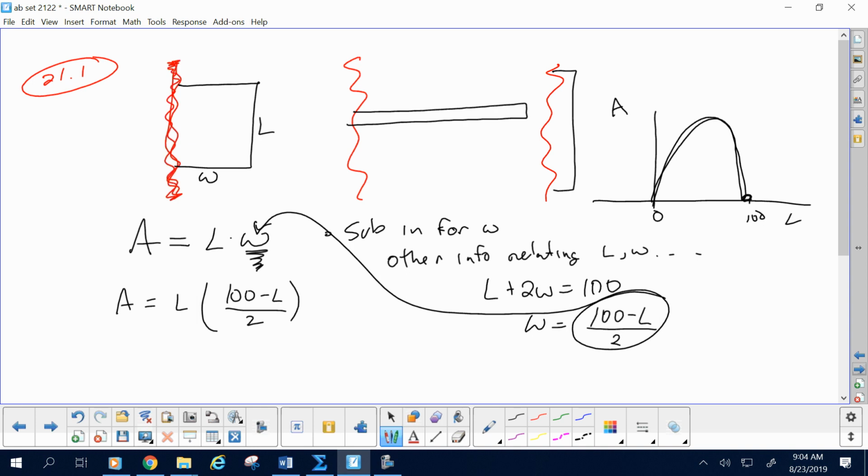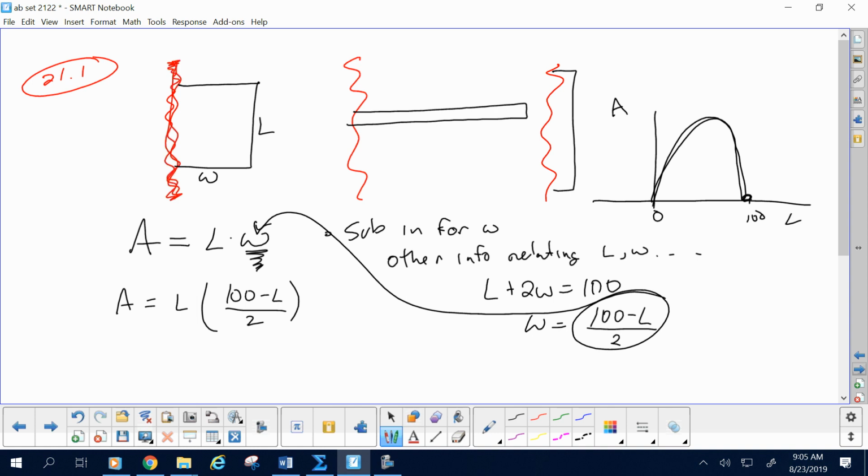So what's the best L? I'm not talking one that's pretty. What do you think? The best length would be one that makes what kind of rectangle? The one of the greatest area.